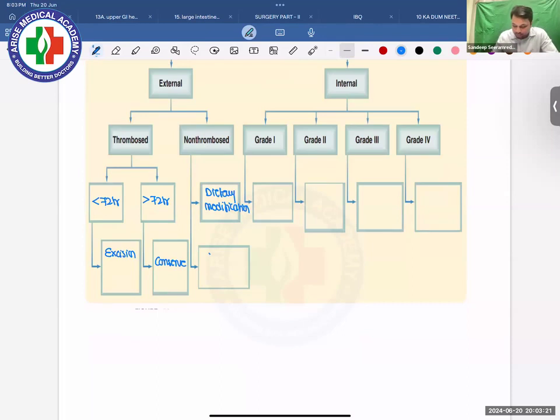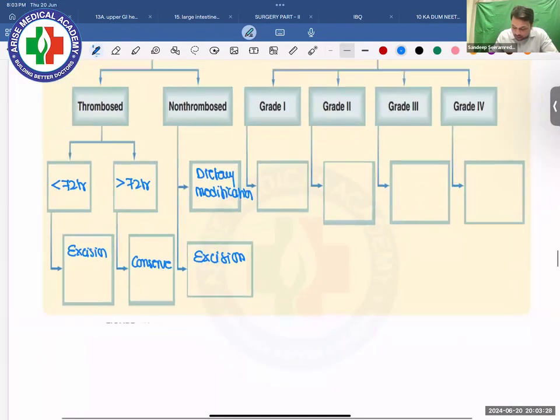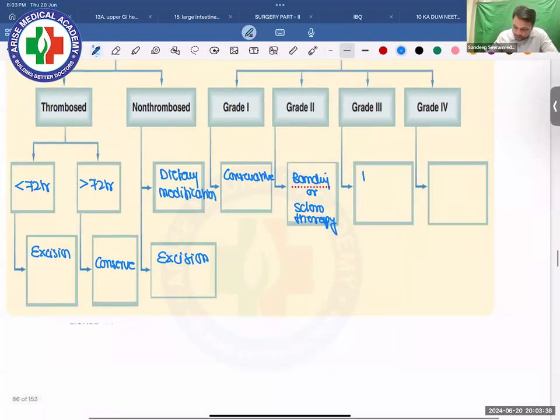For grade 1, it is going to be conservative. Grade 2, I would like to try banding or sclerotherapy. Grade 3, we'll try banding. If not, then excision.